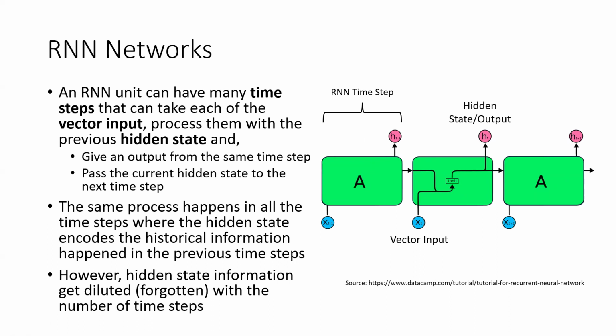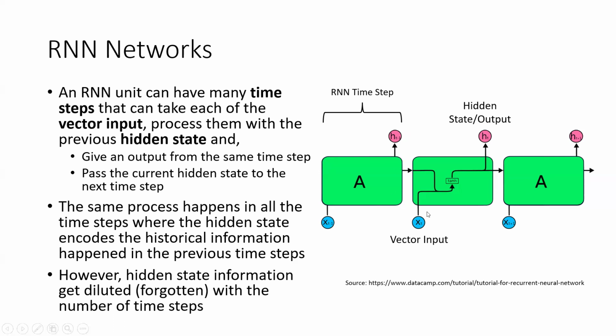But the problem is that this hidden state, as we discussed, contains the information of the history. What that means is what has happened throughout the history in an encoded format, which is also represented as a vector, right?